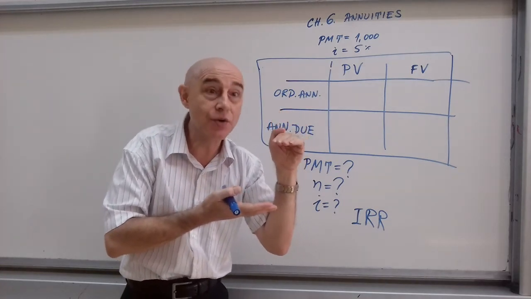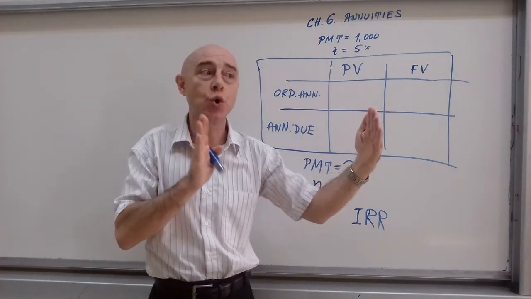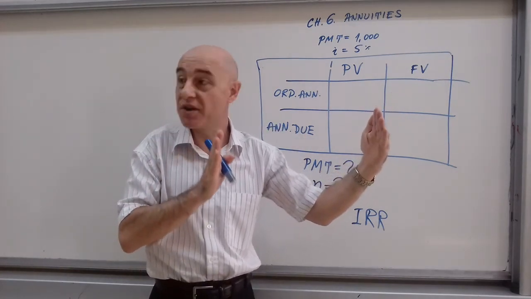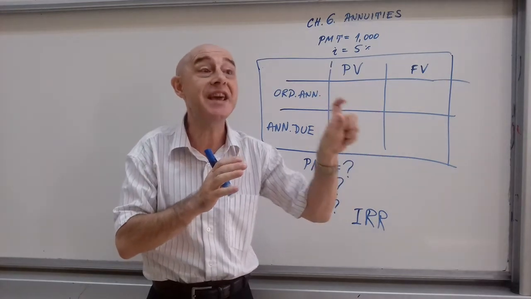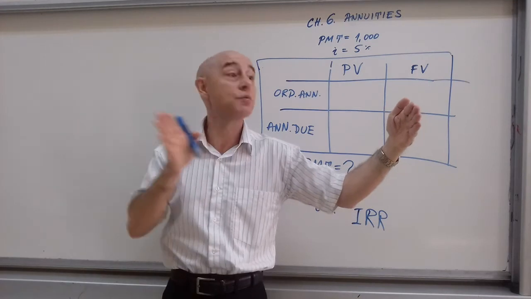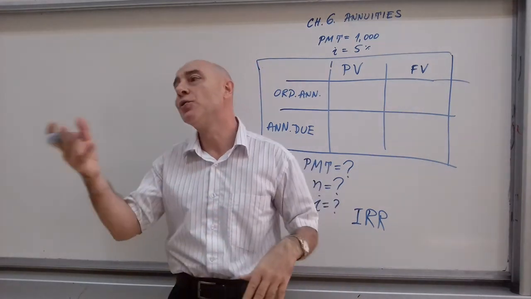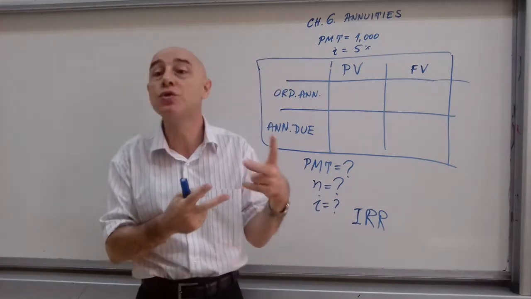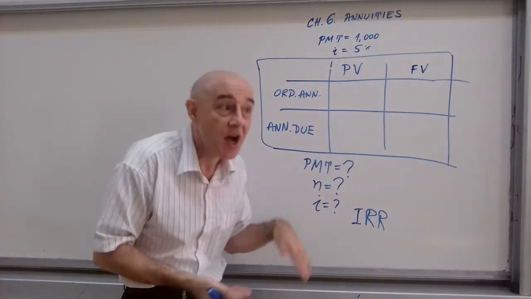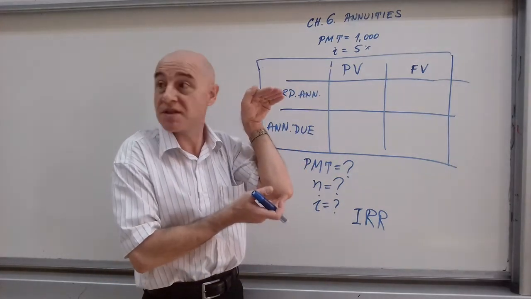Or how much can he shorten his period of payments? In other words, he will keep the same payment, but now instead of 30 years, he would maybe pay it off in 20.